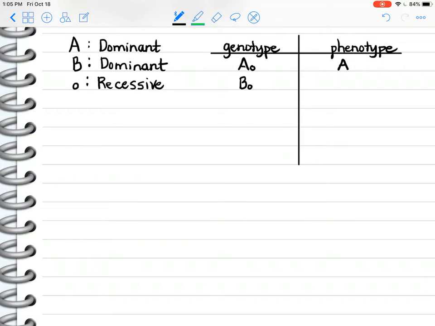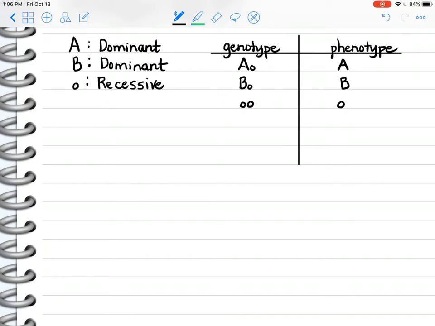Okay, they have type B, dominant, O recessive, B dominates, so that person would need type B. What if the person comes in with this type as a genotype, where mom gave them O, dad gave them O? It's pretty clear on this one, that person would need type O blood.